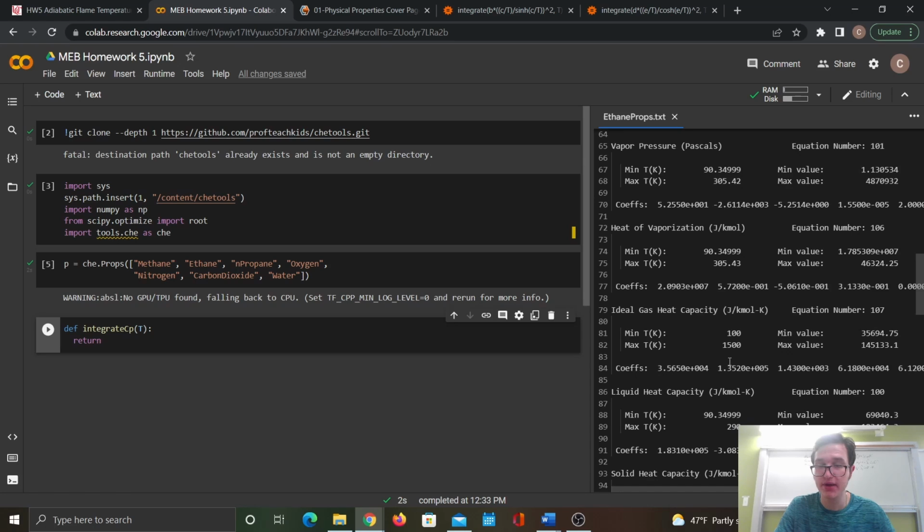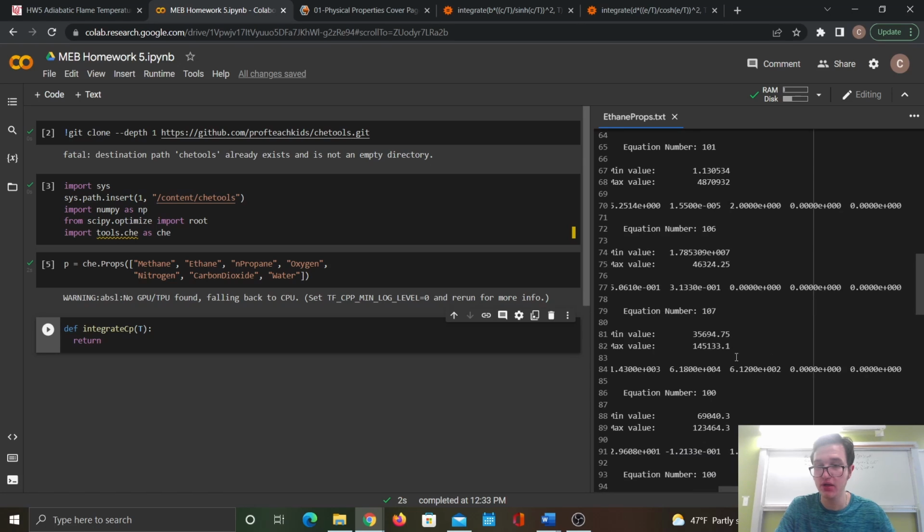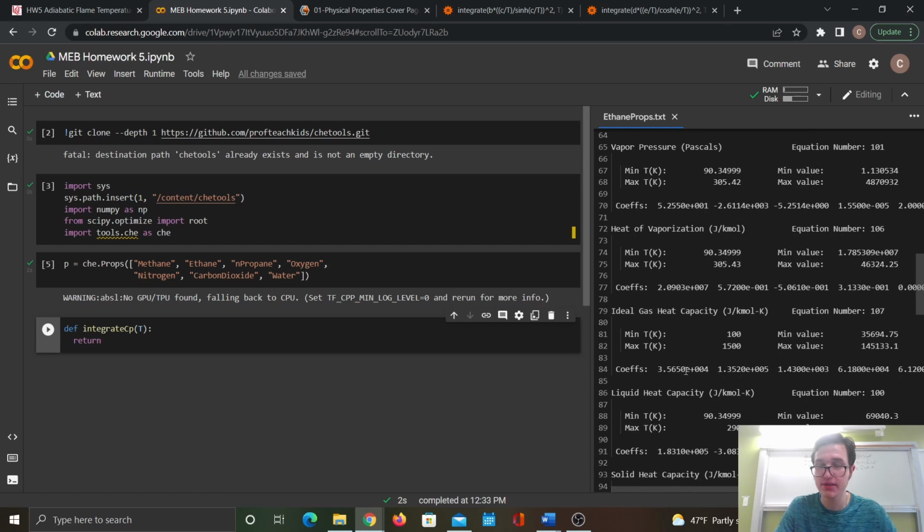But you see that there are these coefficients here, A, B, C, D, E, F, and G. You notice that these are what we need for our integral.